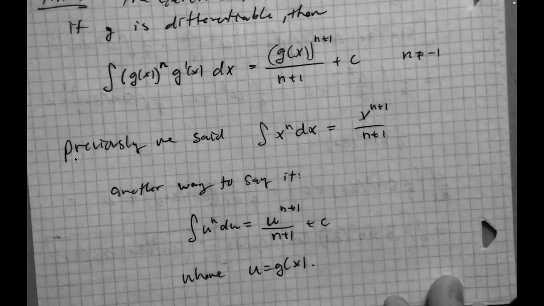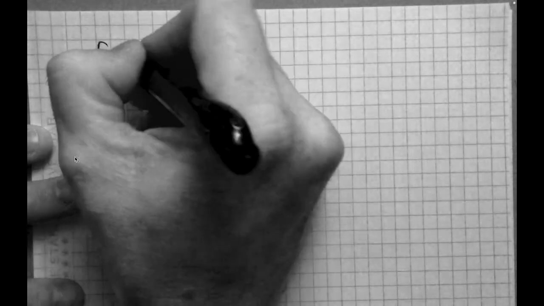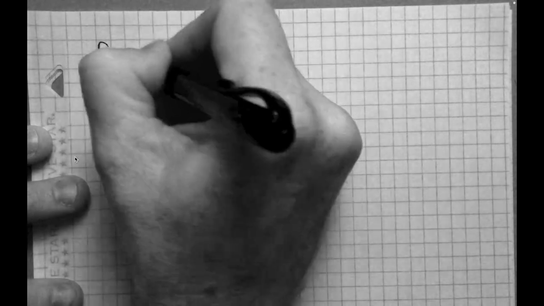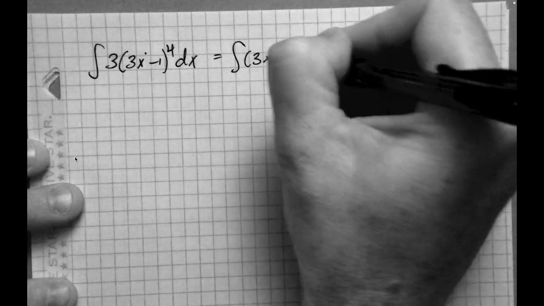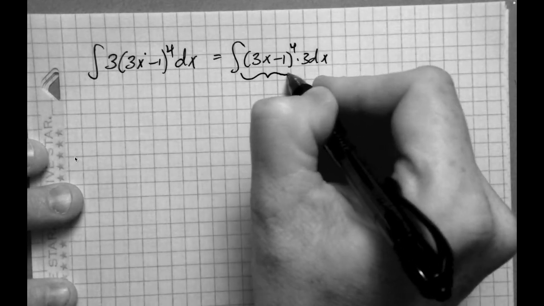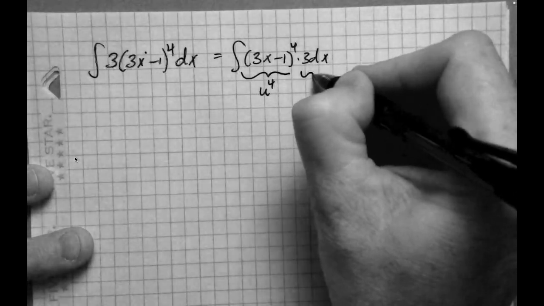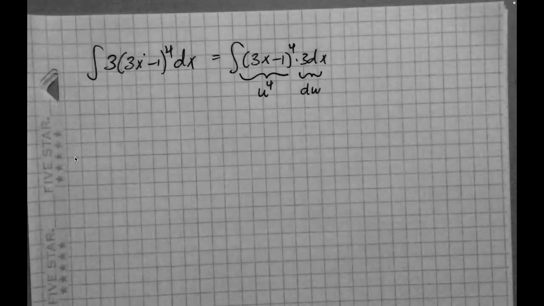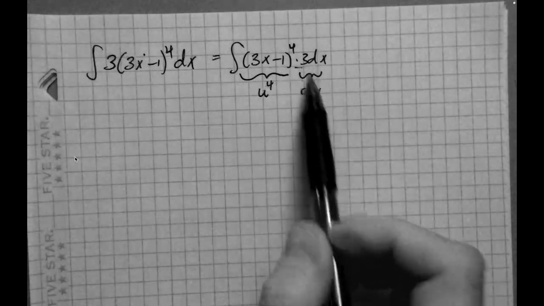So let's do some examples of just seeing this pattern in the integral. If I have 3 times 3x minus 1 to the 4th power dx, then I can change the order there: 3x minus 1 to the 4th times 3 dx. Now this part here is my u to the 4th, and this would be my du. If I differentiate 3x minus 1, I just get 3, right? 3 dx, so that's that part.